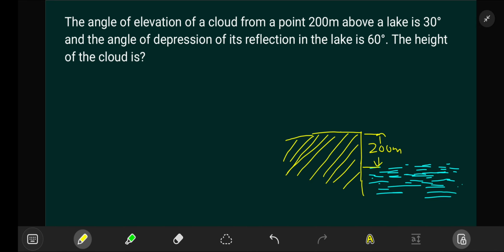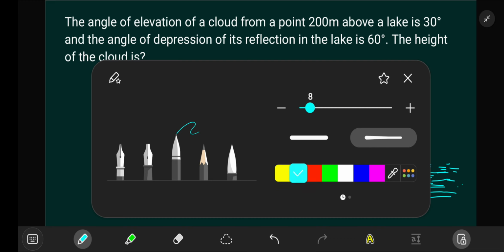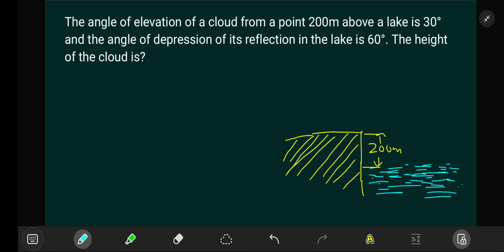And from here he sees a cloud. The person saw a cloud here. Suppose this is the cloud.